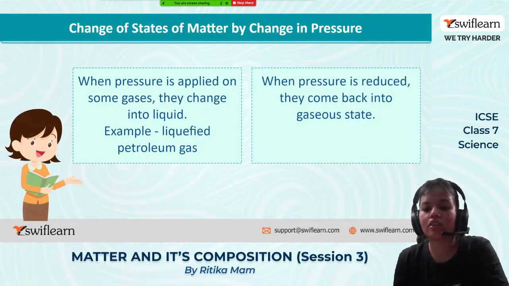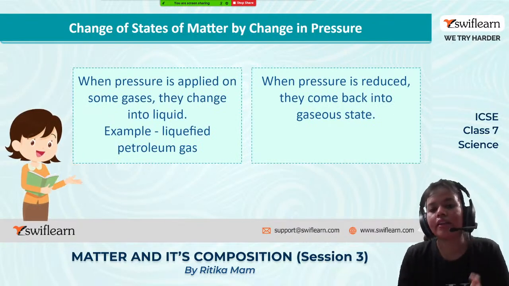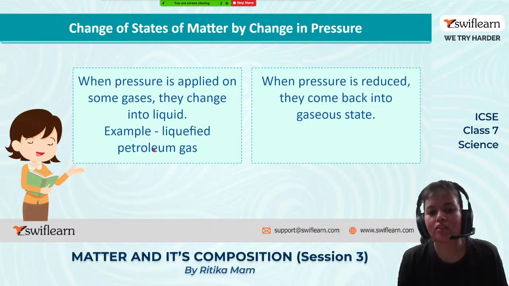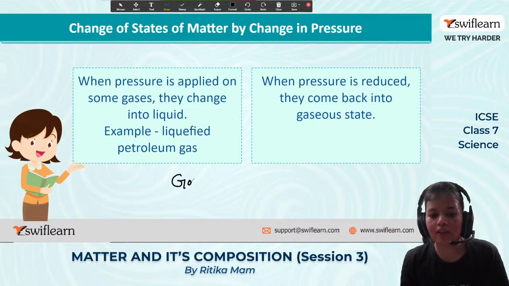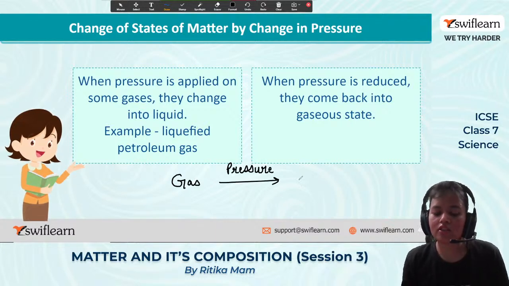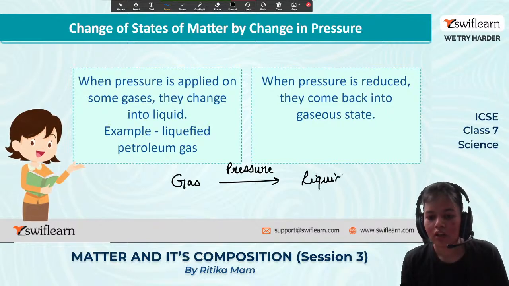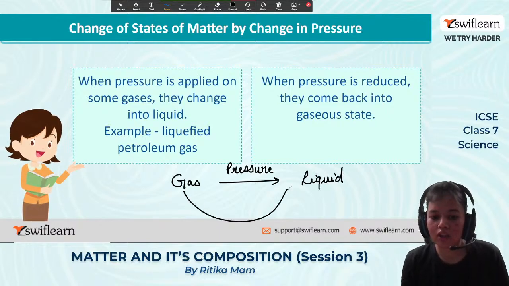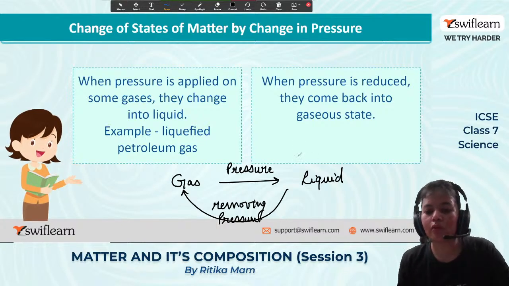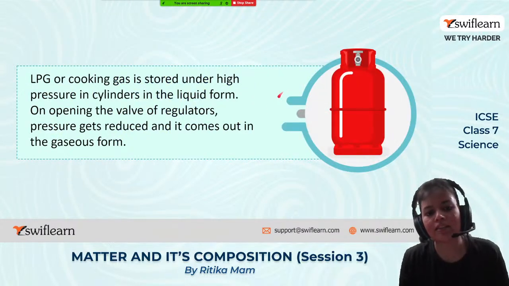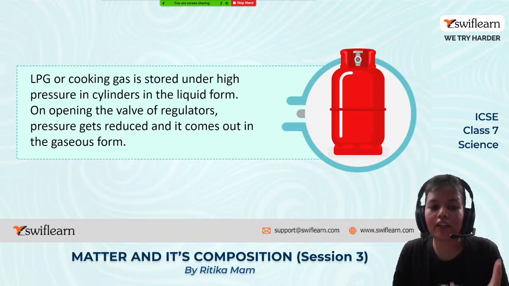When pressure is removed or reduced, they come back to their original gaseous state. If we remove or reduce the pressure, it will again change from liquid to the gaseous state. Let us see what is the use of it in our daily life.